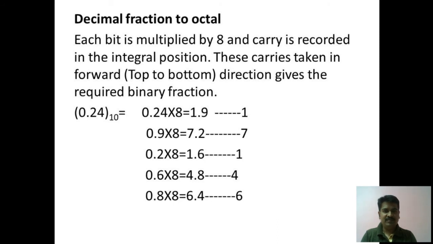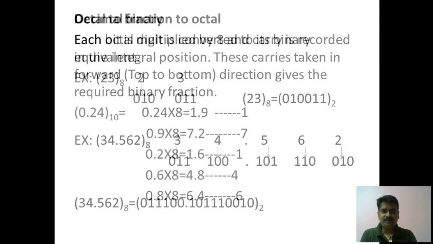Again multiply, 4. Again multiply, 6. That has to be written in the forward direction, top to bottom. The answer will be 17246 to the base 8. That is the octal number equivalent to the given decimal number.